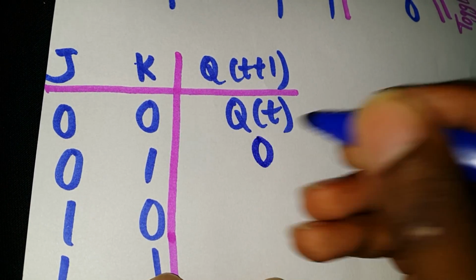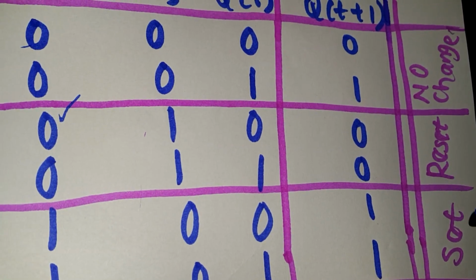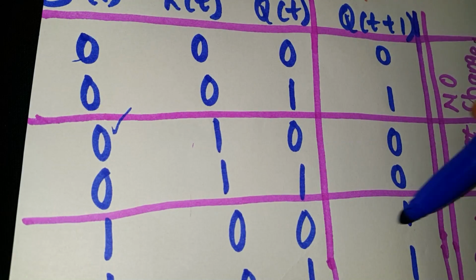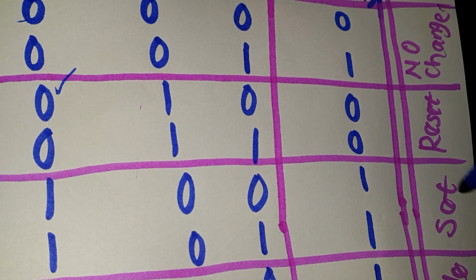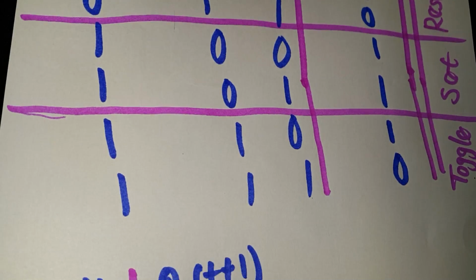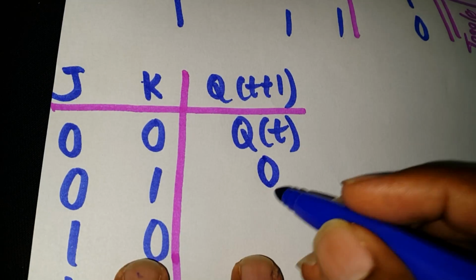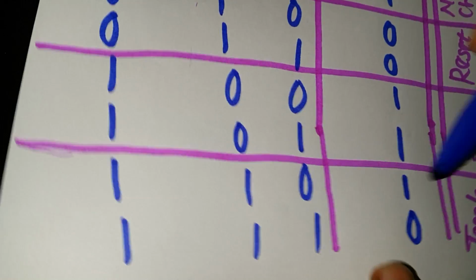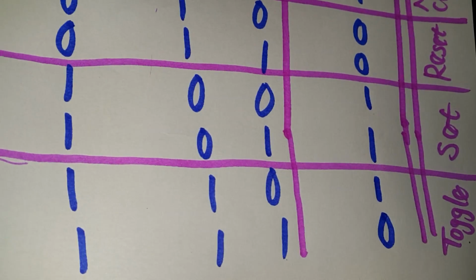So we'll make this 0. And the next block, which is this one here, we have set. We are setting here. So set means make 1. We'll make it 1. Then the last block, which is 1 1, when J and K is 1 1, we have toggle. We are toggling.